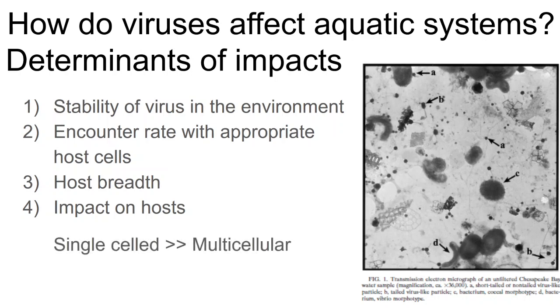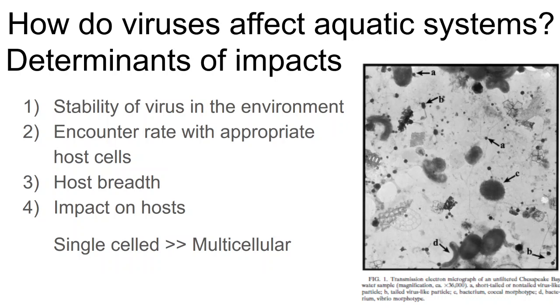And as we think about that, viruses that affect single-celled organisms are probably going to have a much greater impact on those organisms than those viruses that affect multicellular organisms. Why is that?